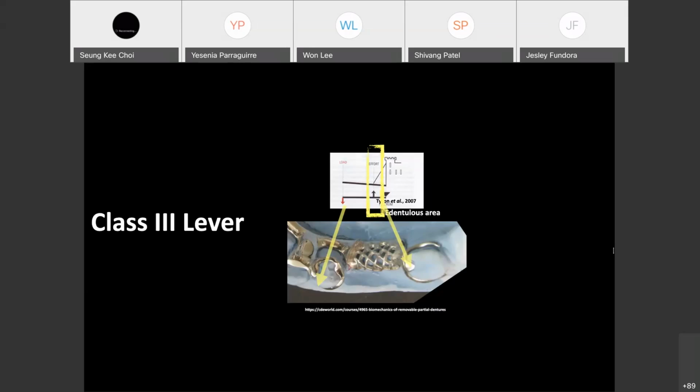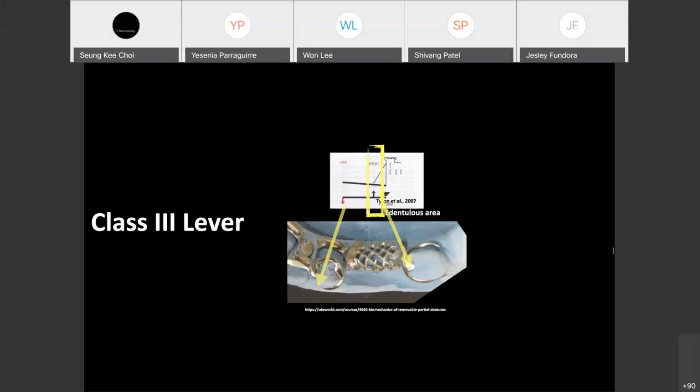What I need to clarify: I mentioned the clasp on the right side moving down. First of all, a class 3 situation like this is not going to move often, because this is tooth bound, not a lot of edentulous area in play. It's just not going to move around that much.